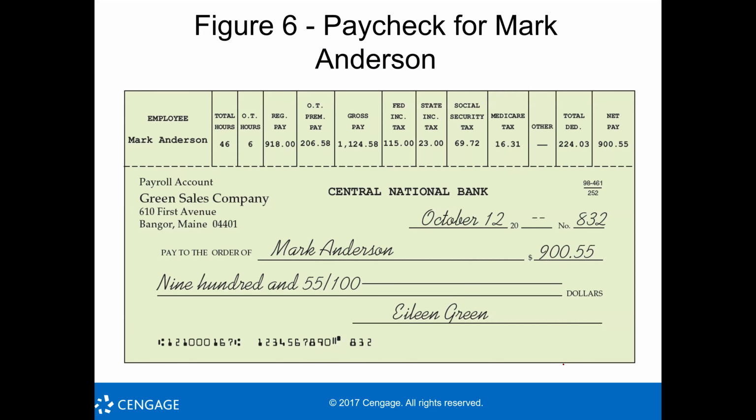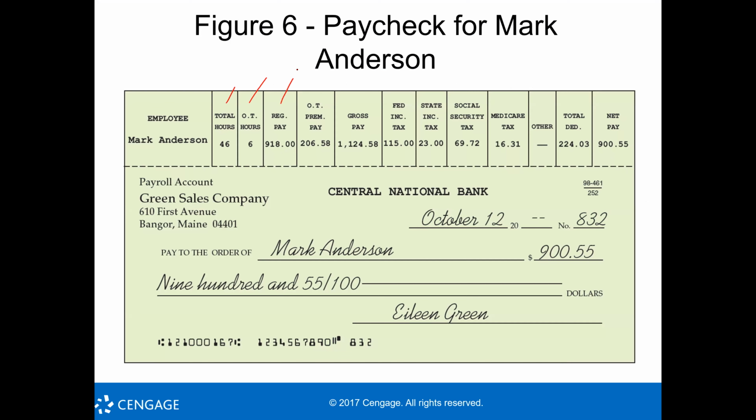So here's an example of a paycheck. Some of you may have had a job already where you've gotten a paycheck like this; some of you haven't. It's okay either way. It's showing us total hours, overtime, and regular pay.